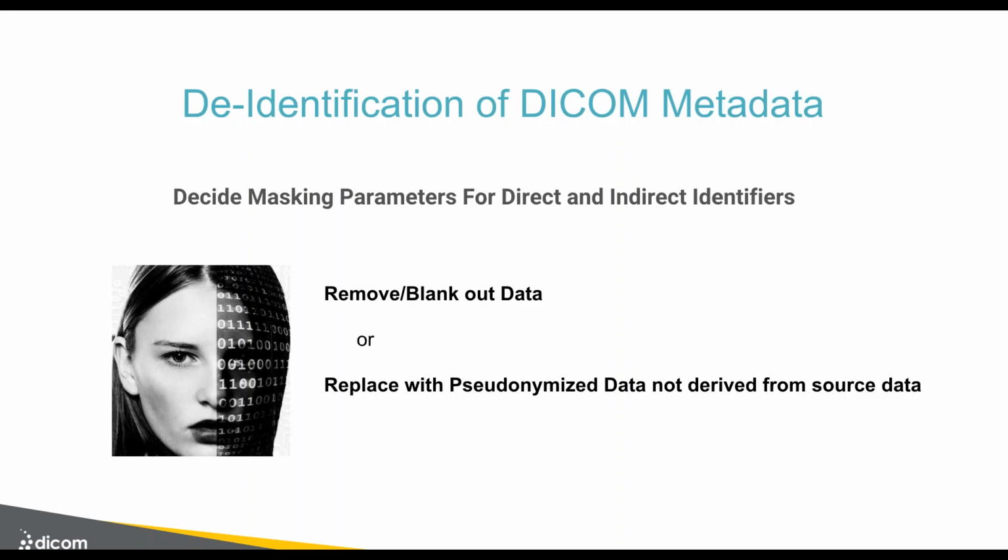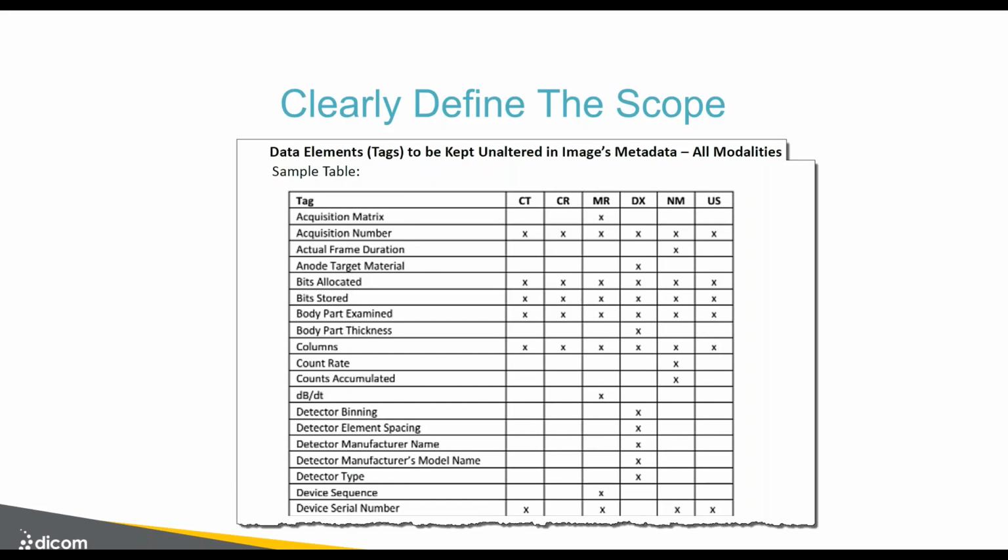You can just remove it, or you can replace it with replacement data that is derived from a hash or algorithm that you come up with. But you just want to decide how that is going to be decided. You're going to want to make some preparatory charts like this, where you indicate the tags and which modalities you're going to de-identify, which tags are going to be omitted, etc. So there's a lot of planning.